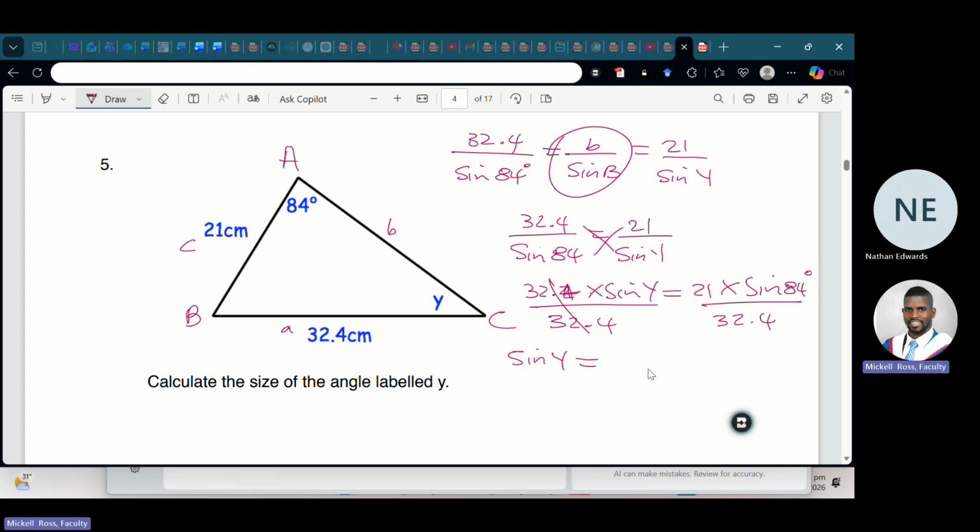Sine of y is equal to, when we divide that, 21 times sine of 84 over 32.4, which is approximately 0.645.